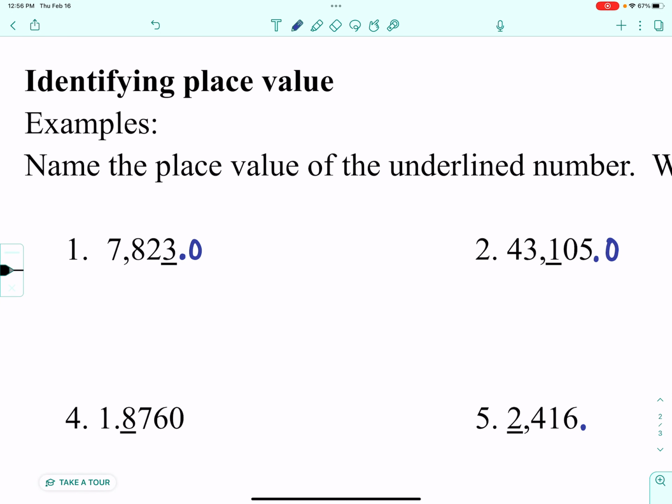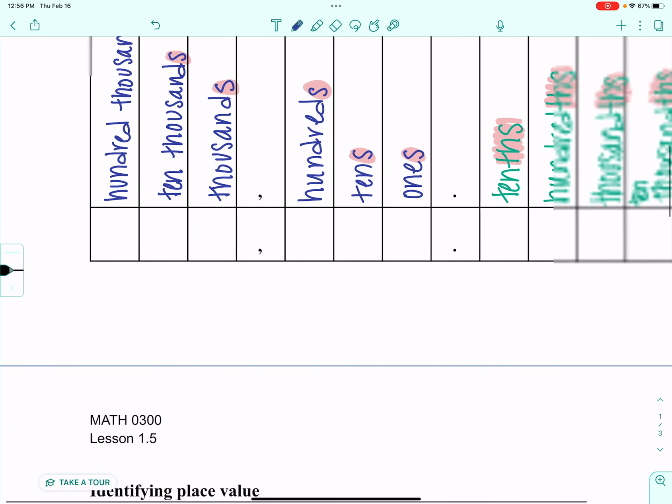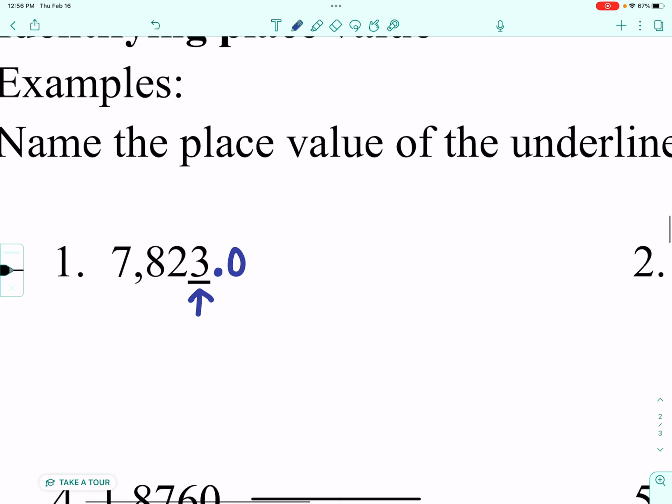Now for 7,823, we are interested in the 3. It's one place to the left of the decimal. So if I go look one place to the left of the decimal on my chart, that means that 3 is sitting in the ones place.